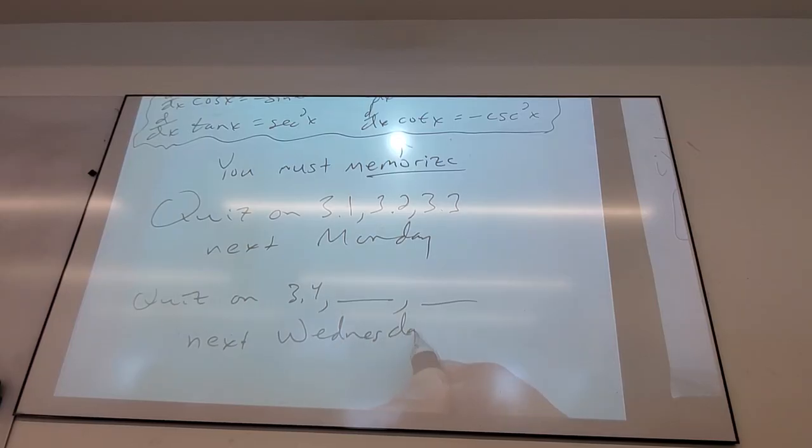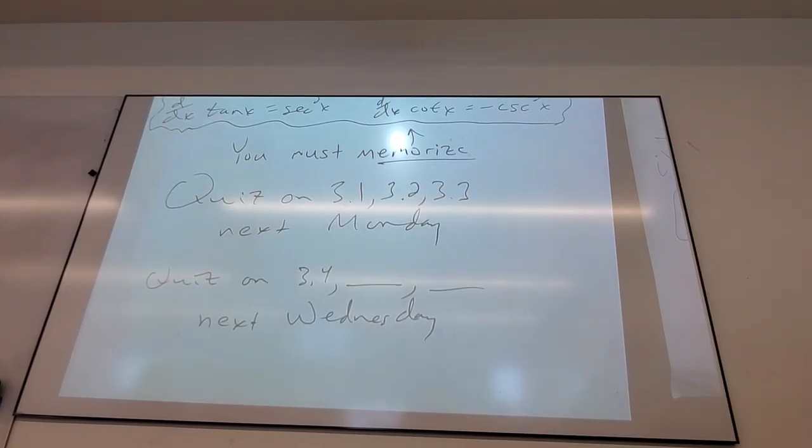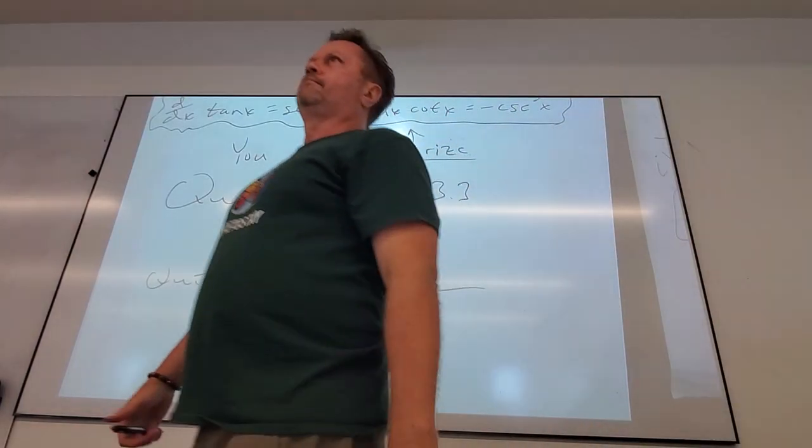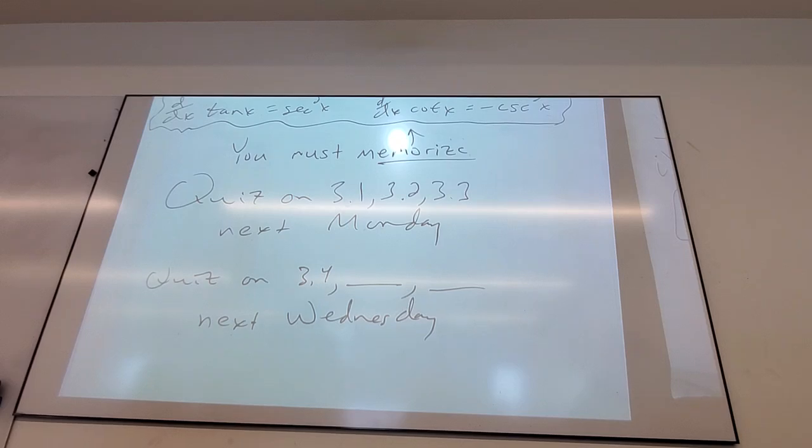So I'd like to have at least 2 quizzes before the test, and you do also, even if you don't realize it. Okay. So 3-1 was power rule, x to the n. 3-2 was product and quotient. 3-3 was trig derivatives.